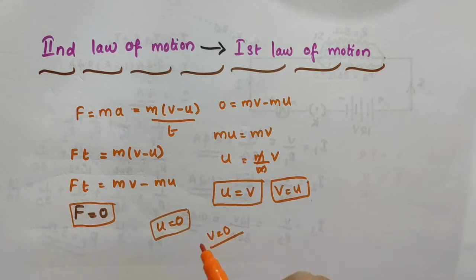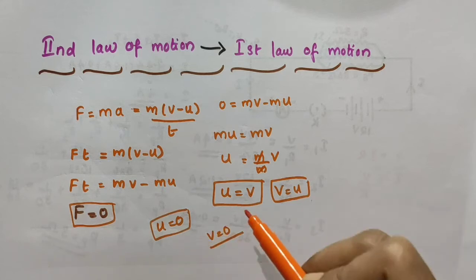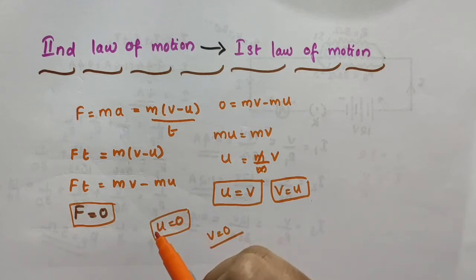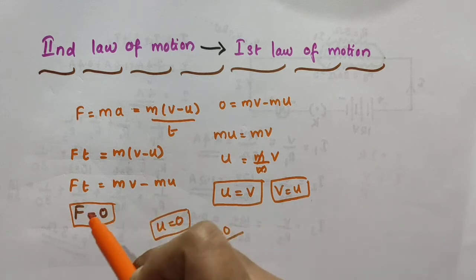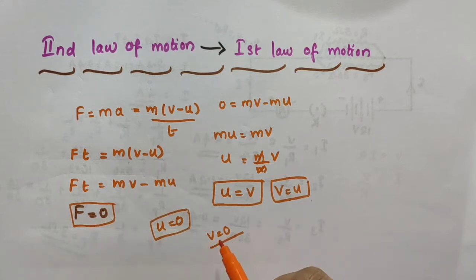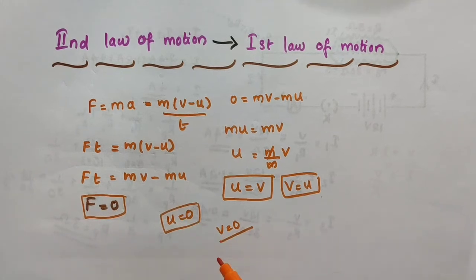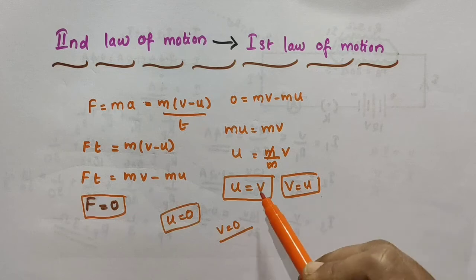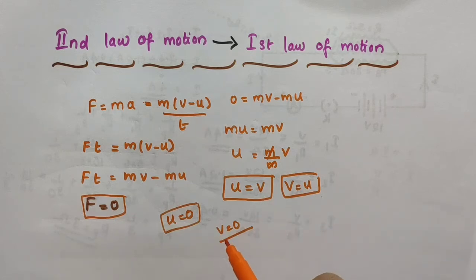So the final velocity v is also equal to 0. That is, the object remains in a state of rest. If u equal to 0 and F is also 0, then v will also be 0, since v equal to u. That is, the object will remain at rest.